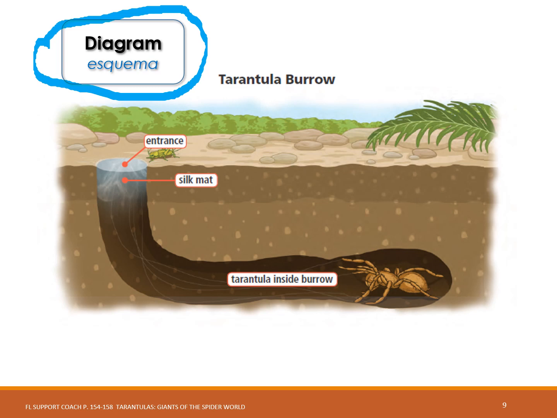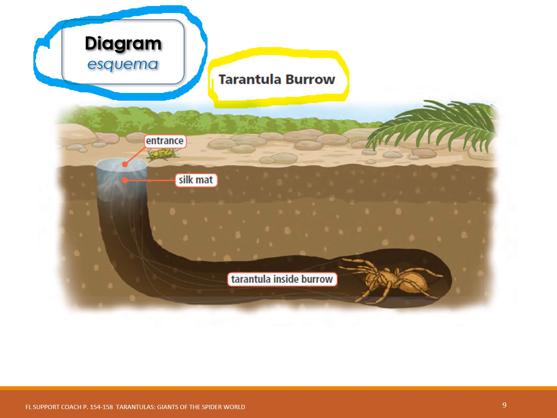We look and see the picture, but this one actually has a title. The title of this diagram is Tarantula Burrow. I don't really know what that means, but I'm pretty sure that we could figure out some more information from either the text itself or maybe some of these labels that are on the diagram. So let's take a look.